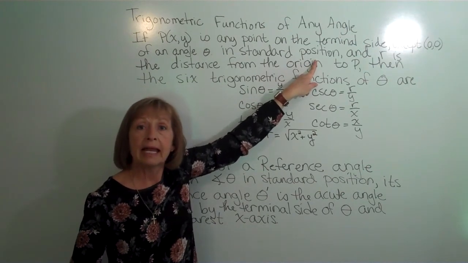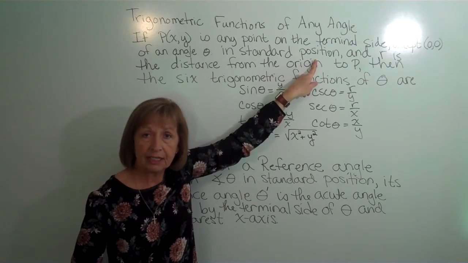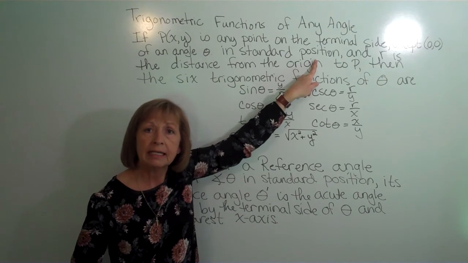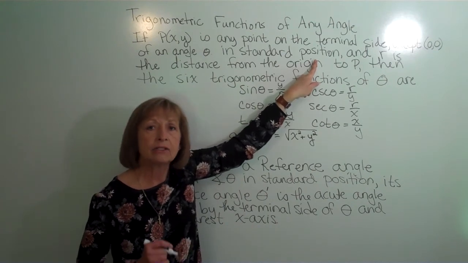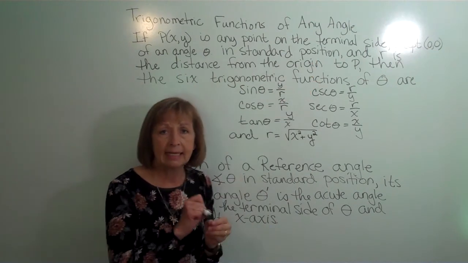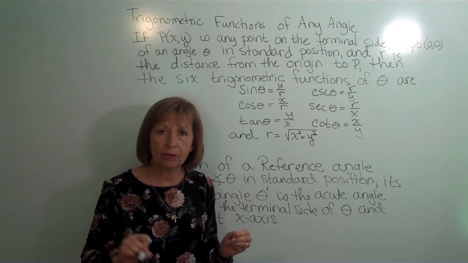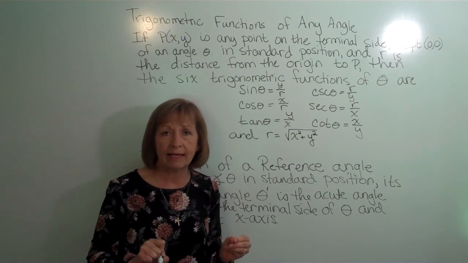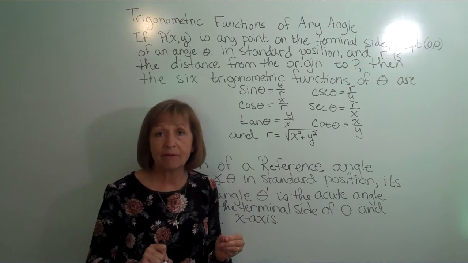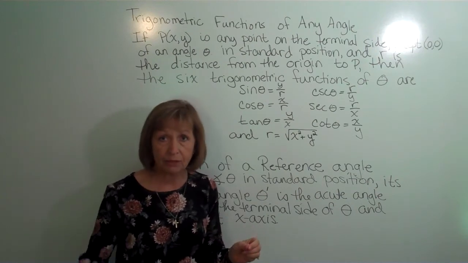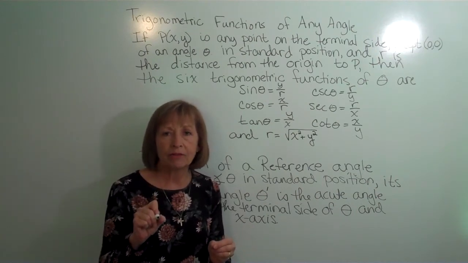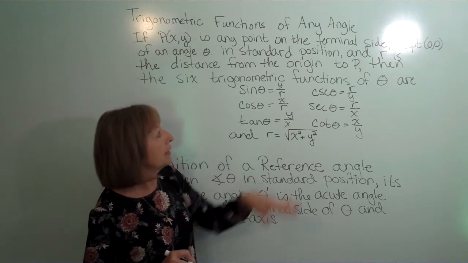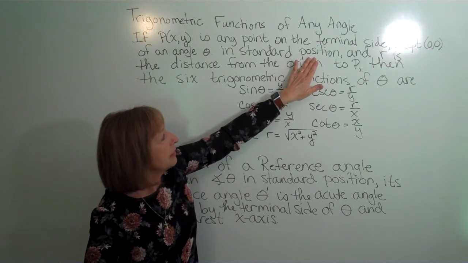Remember, an angle theta is in standard position if its vertex is at the origin and its initial side is along the positive x-axis. If you go up and around for that angle theta, it has a positive measurement, and if you go down and around, it has a negative measurement. So we have that in standard position.